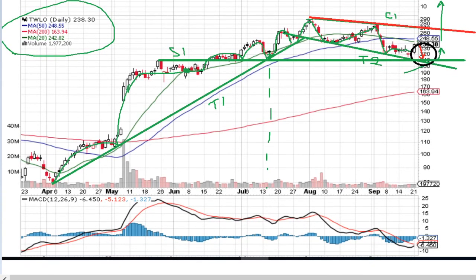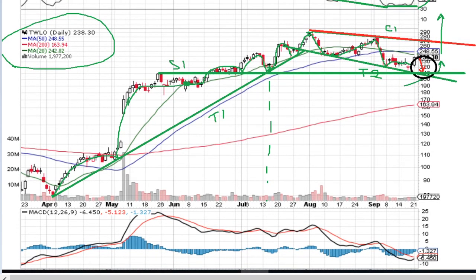Similarly, if you look at the MACD index here, we can nicely see that from the previous vicinity of the C1 line of the channel, it was making a small positive wave and then a very nice negative wave, which is now about to cross upwards.